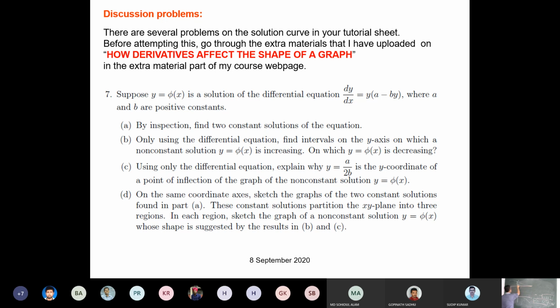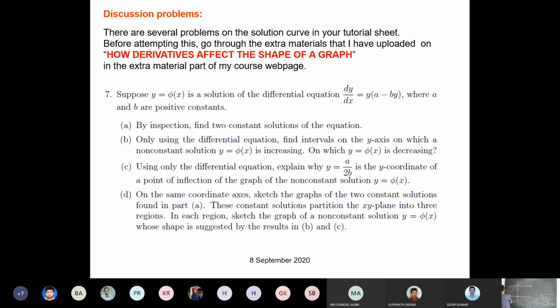And we have found out that in this interval, it is increasing, right? And of course, I have another information from exercise 7C, that y equal to a by 2b is a point of inflection. So over the point of inflection, it is going to change from concave upwards to downwards or vice versa. And again, it is also increasing.